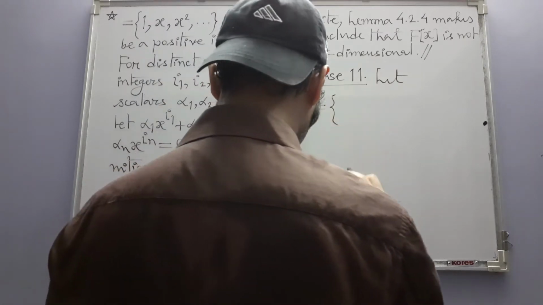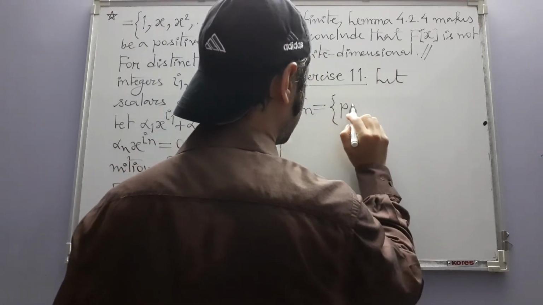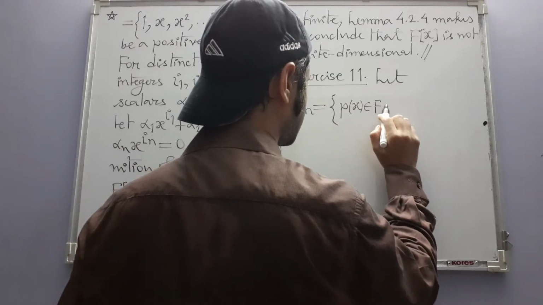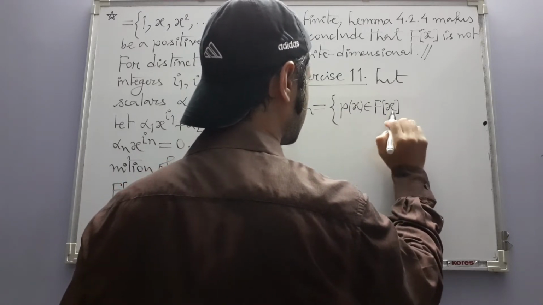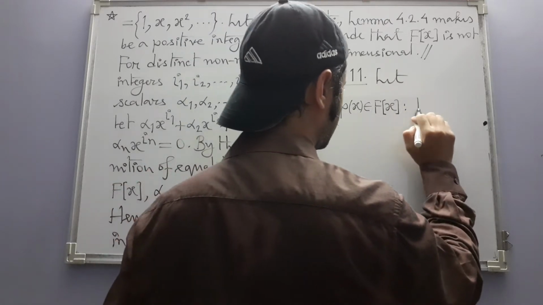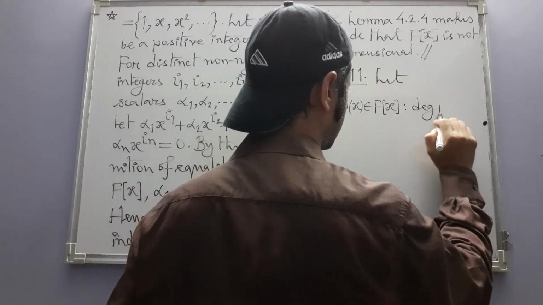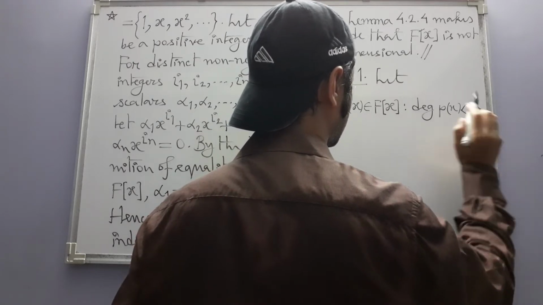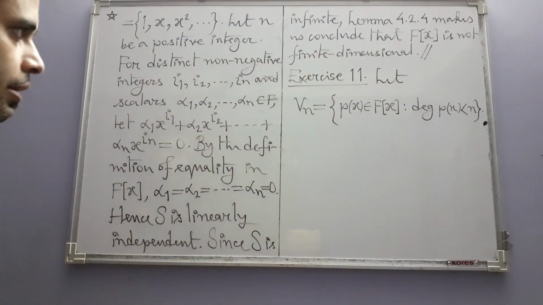It is the set of all polynomials p(x) such that the degree of p(x) is less than n.